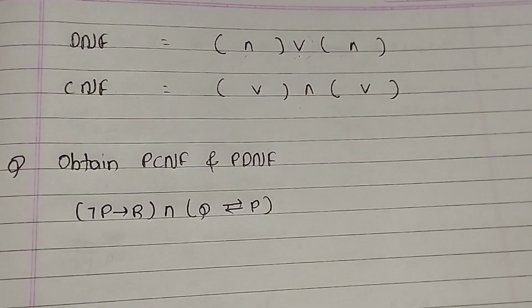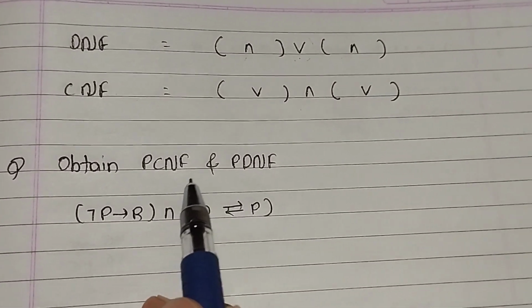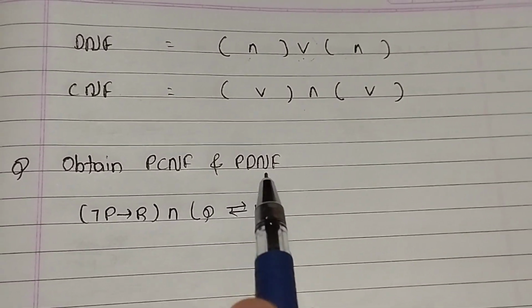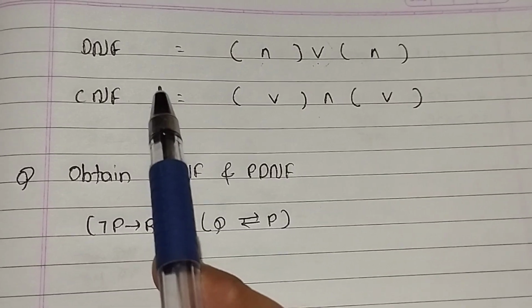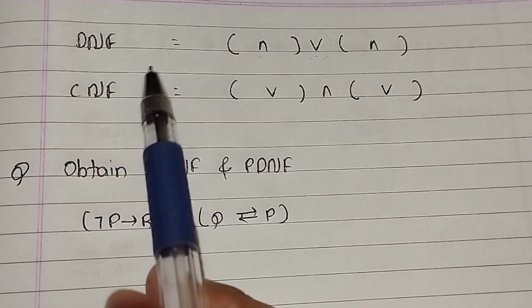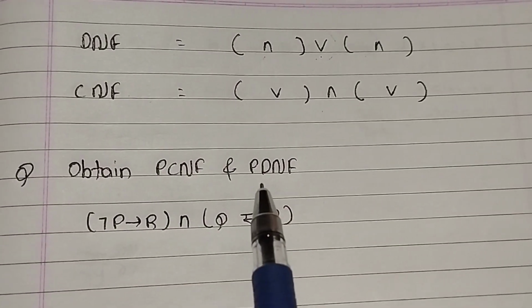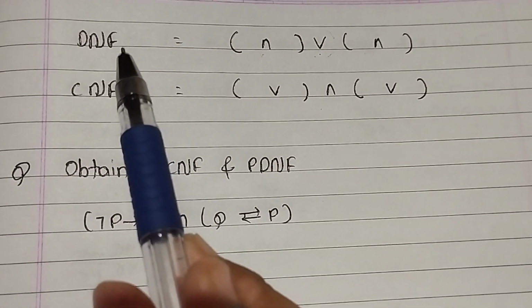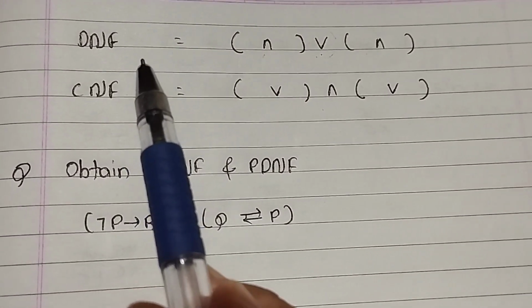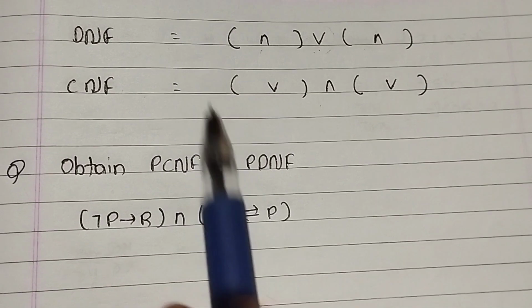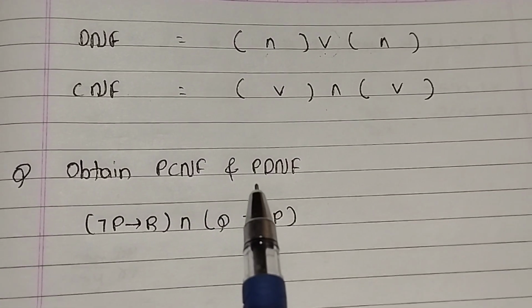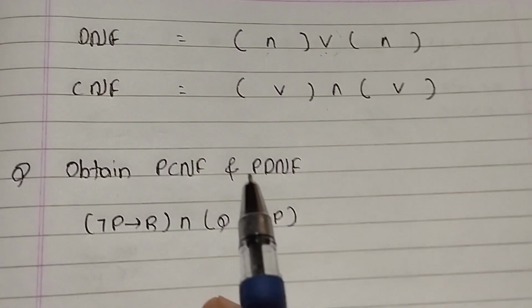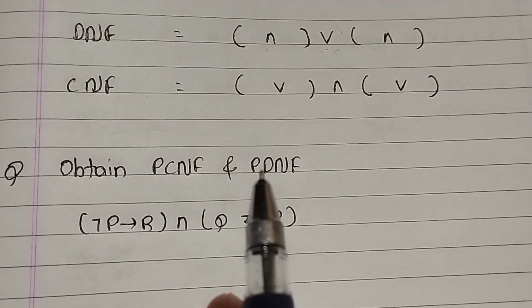So the next question is to obtain PCNF and PDNF. DNF is one thing and PDNF is another. When we find DNF, no condition is required, but for PDNF we need to know the definition.